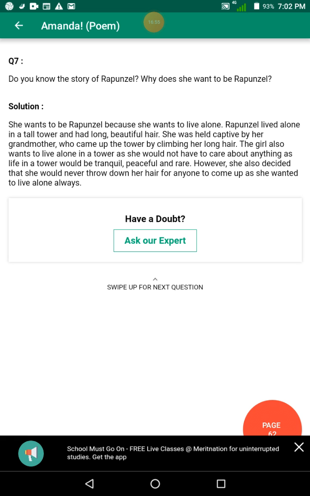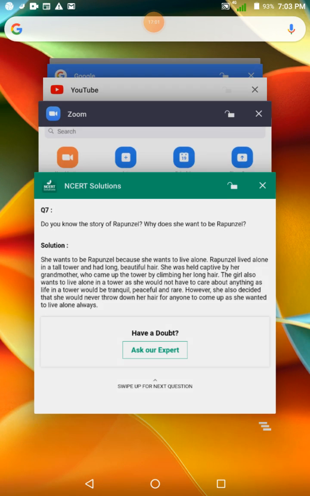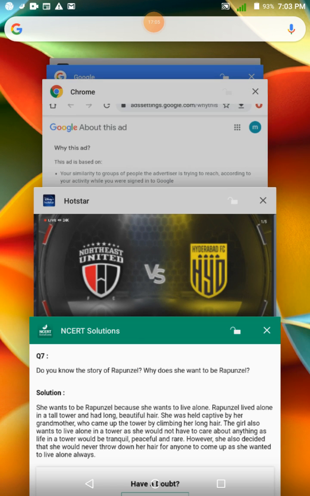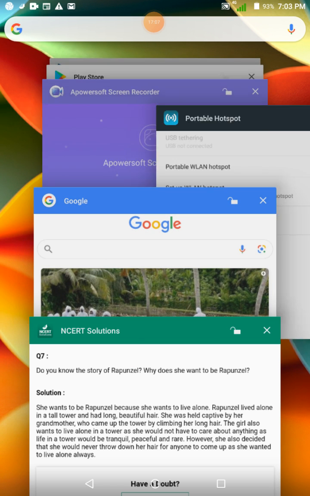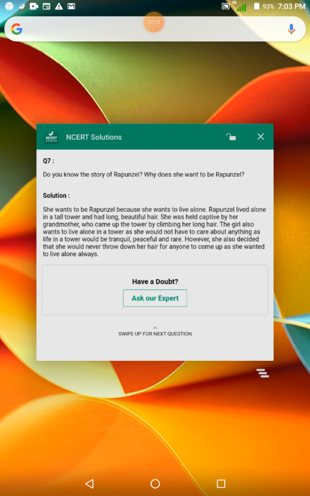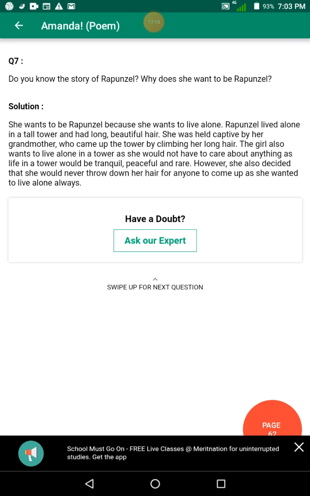Rapunzel was in the big tower, the tall tower, is it not? Yes. We all know the story of Rapunzel, how she was living in the tall tower. She was put there by her grandmother, and she was kept as a captive.